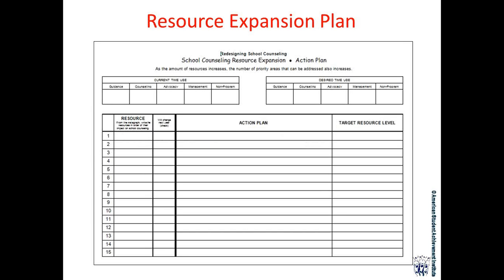Now we want to prioritize how we're going to expand these resources. So with this infographic, we've listed all the different types of resources, and we've given you spots to add additional resources that maybe aren't in the top 10 that we put down there. And then we're telling people, however many items you have here, we're going to divide it by 3.